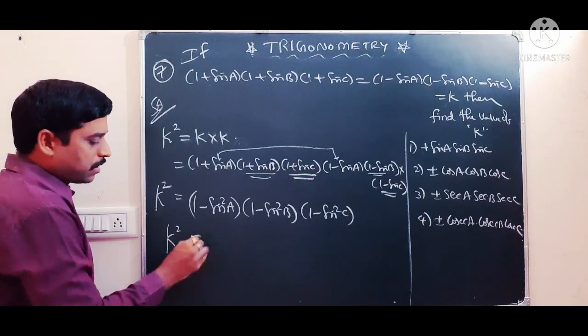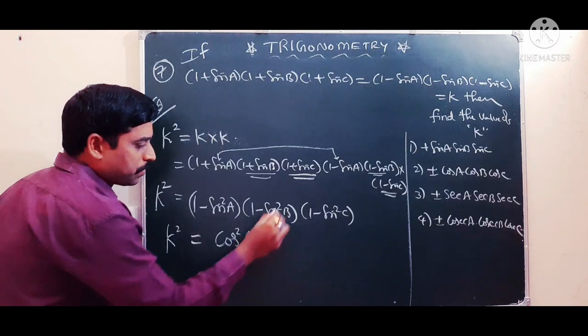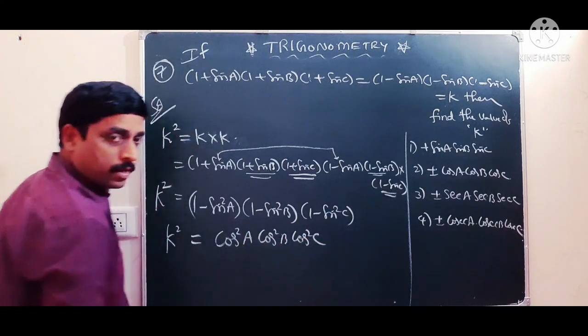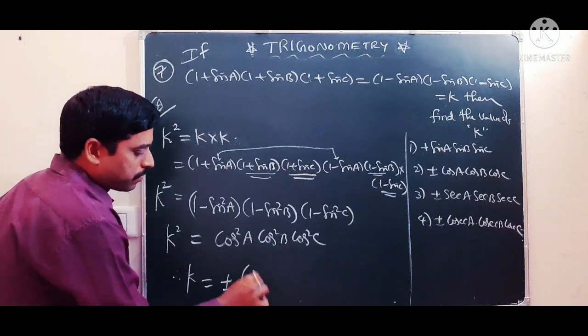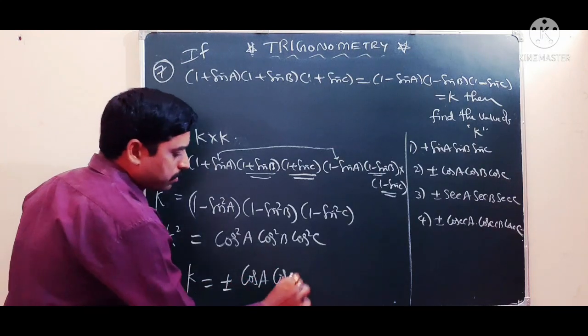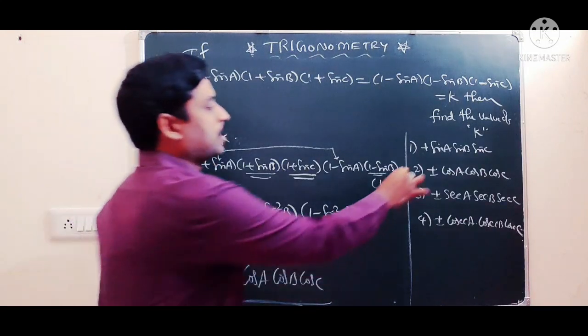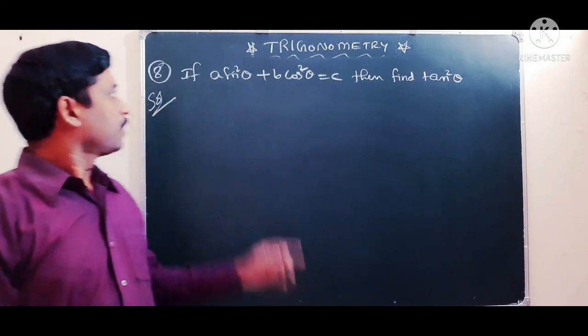So k square is equal to, by this formula, cos square A into cos square B into cos square C. Taking the square root on both sides, k is equal to plus or minus cos A cos B cos C. So which option is correct? The second option is correct. Let us go to the next problem.